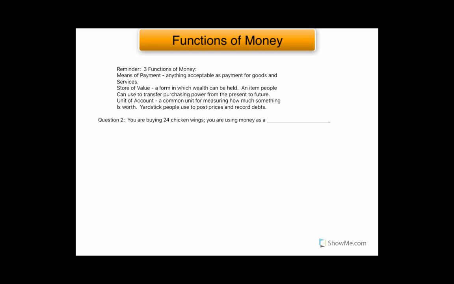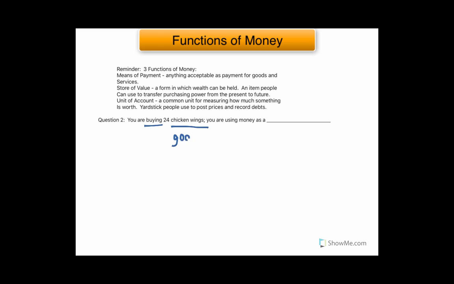And then we have another example here. Question 2, you are buying 24 chicken wings. And so, again, how are we using money? Now, if you go through the three functions again, if you start with means of payment, it appears that that is the correct answer for this one, because when it says we're buying 24 chicken wings, it's assumed that we're exchanging some form of money or currency for these chicken wings, which are a good.